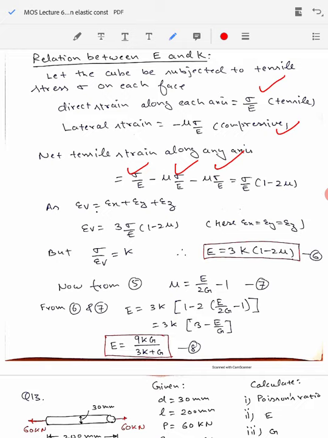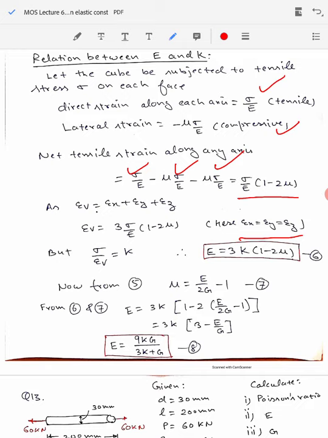So minus mu times sigma by E minus mu times sigma by E, and finally you get the net tensile strain as sigma by E into 1 minus 2 mu. So this is the net tensile strain along the direction X, direction Y, and direction Z. So it is the same and equal in all these three directions, that is, epsilon X equal to epsilon Y equal to epsilon Z.